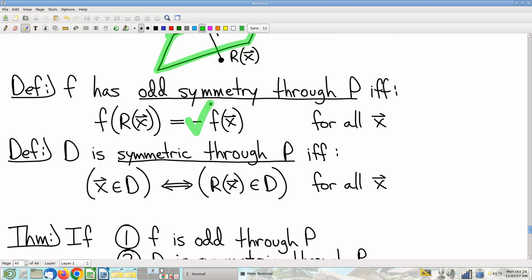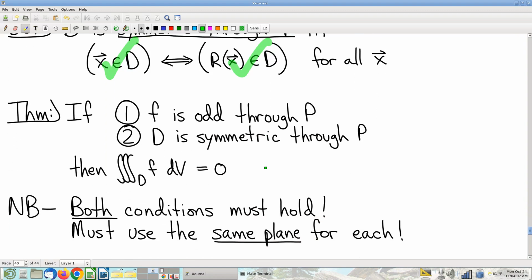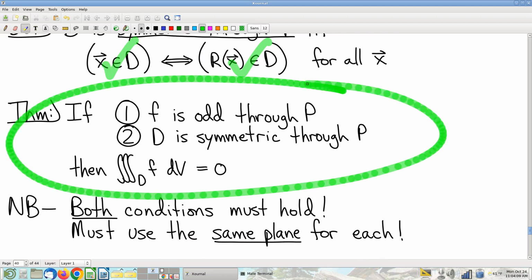Symmetric domain still means that points and their reflections are either both in or both not in the set. The symmetry theorem is exactly the same. If you have an odd function and a symmetric domain, both through the same plane, the integral is equal to 0 by symmetry. It's exactly what you would expect.